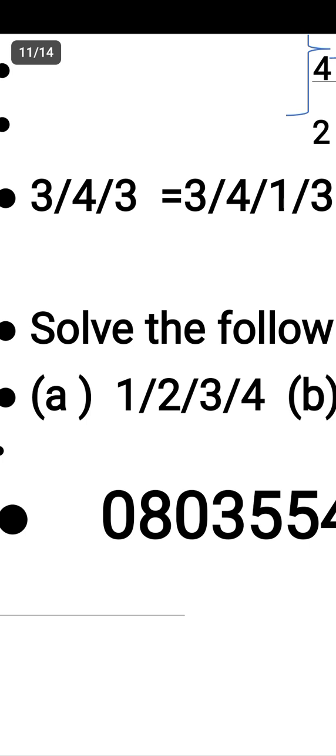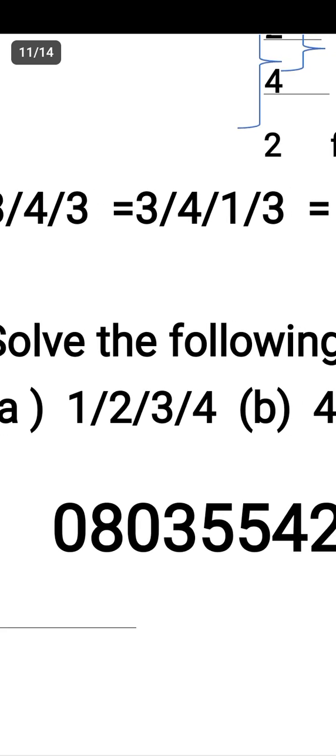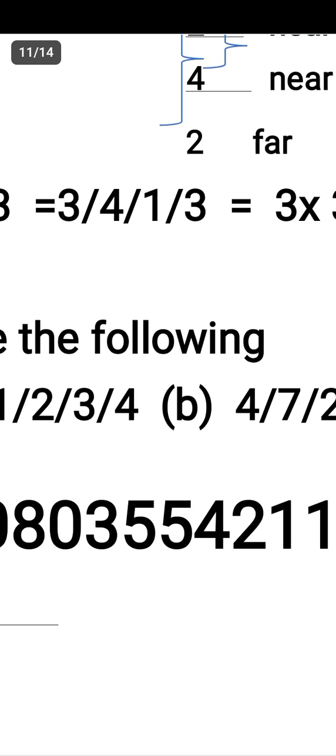So you now frame it like this: 3/4 over 1/3.